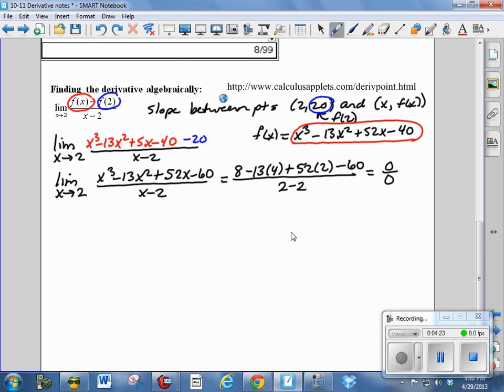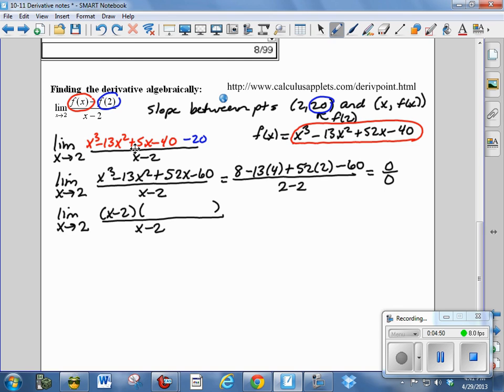So whenever I have a removable discontinuity, I need to rewrite my limit in factored form so I can get rid of that troublesome factor. Since 2 is a zero of both the numerator and the denominator, I know that my numerator has a factor of x minus 2, and then it has some quadratic factor as well, because it's an x cubed altogether.